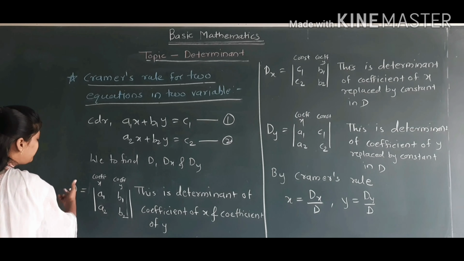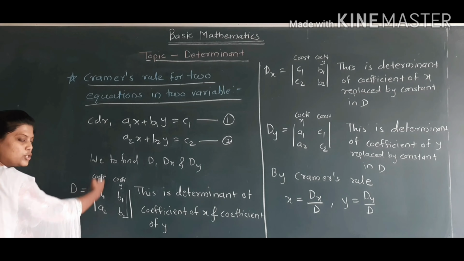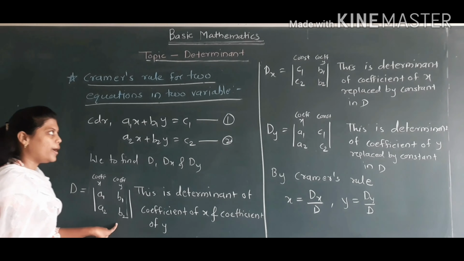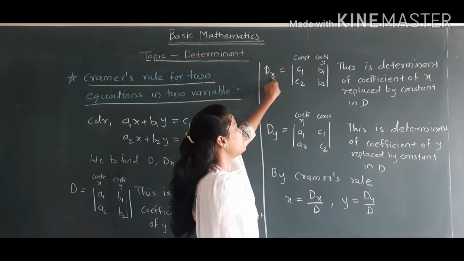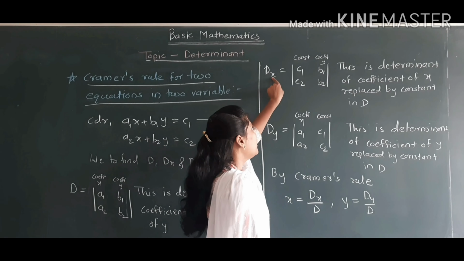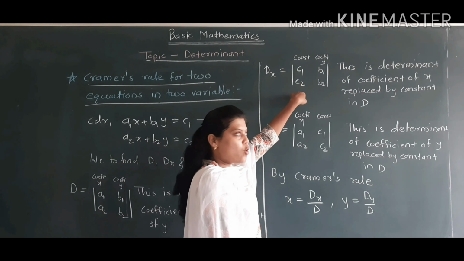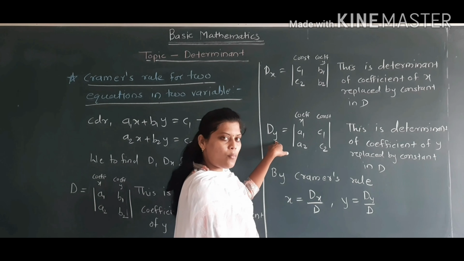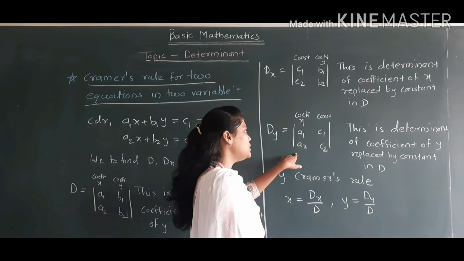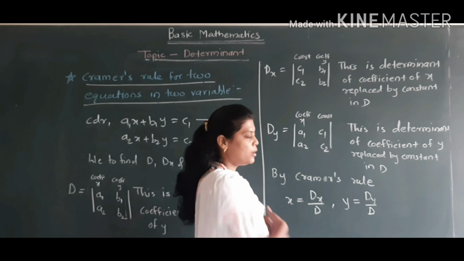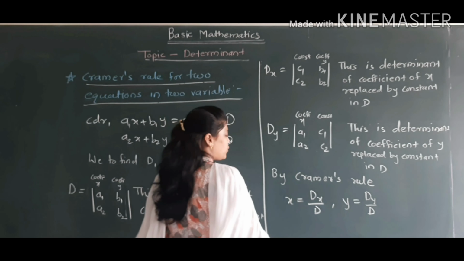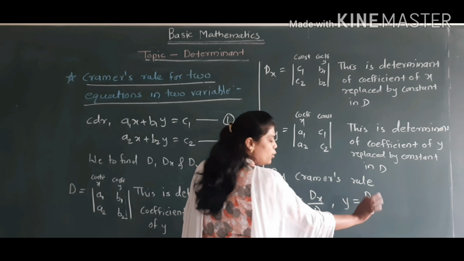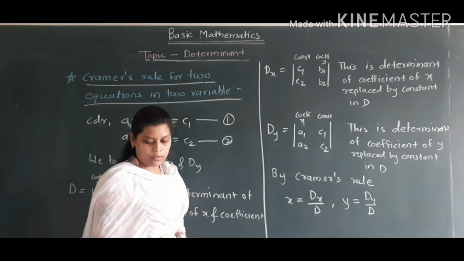In D, in the first column write the coefficient of x and in the second column the coefficient of y. In Dx, the coefficient of x is replaced by the constant and the coefficient of y is as it is. In Dy, the coefficient of x is as it is and the coefficient of y is replaced by the constant.